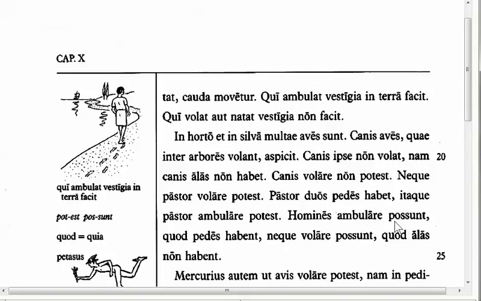So now let's move on to line 24, and in this line we have another kind of conjunction. We have homines ambulare possunt, quod pedes habent, neque volare possunt, quod alas non habent. So people are able to walk because they have feet, and they're not able to fly because they don't have wings.